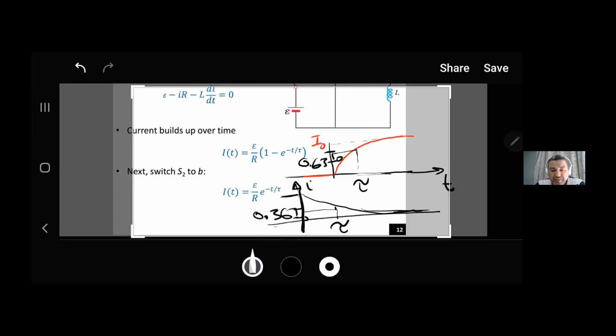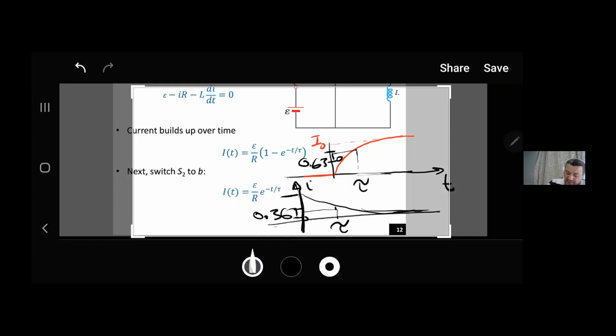Same thing, of course. It will settle down to whatever current is available for it in the circuit. It will settle at t equals infinity. It will be treated as a piece of wire, and whatever sources you have in the circuit determine this current, it will follow that value.